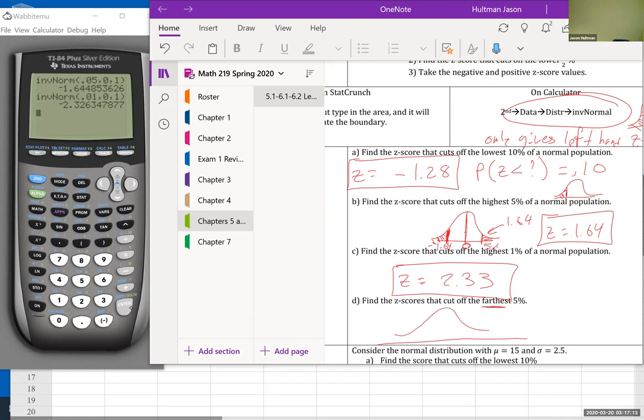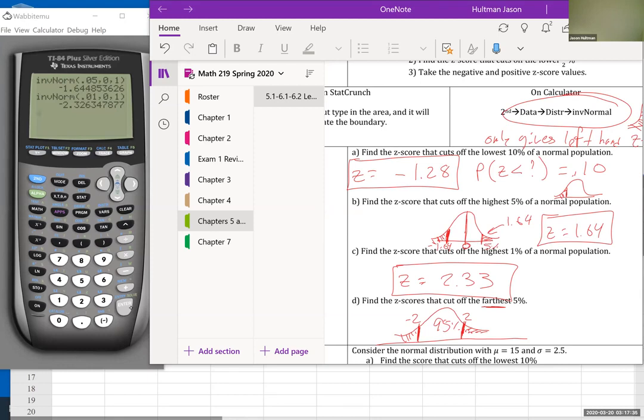There we go. Okay, there's my normal curve, right? And we want the furthest 5%. Well, that's 95% would be in the middle, right? And the furthest 5% would be on the edges. Well, what should this be? Shouldn't this be negative 2 and 2? Right? Find the z-scores that cut off, and that's exactly what it is.